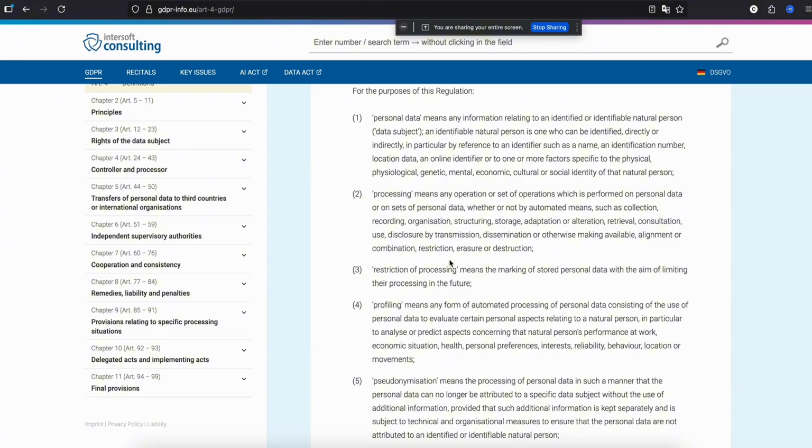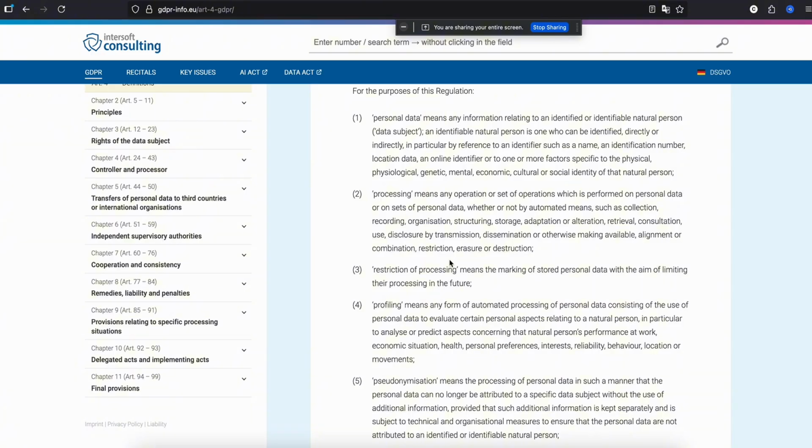Now, if the owner only has the data and is not controlling, they are not the controller. Simple thing. Whoever is controlling is the controller. Now, who is the processor? A controller can also be a processor. If the controller is processing this data by themselves, they are also the processor.